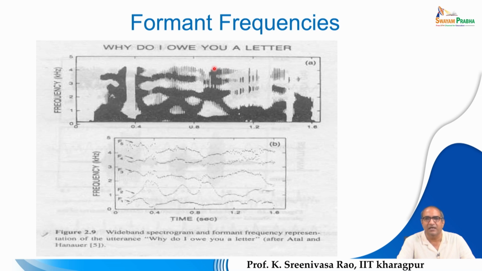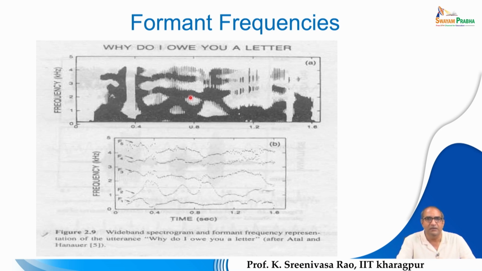It's not that the energy is distributed uniformly over the entire frequency range. The energy is focused, or mostly concentrated, in these three or four frequency ranges, and those frequencies are known as resonant frequencies.